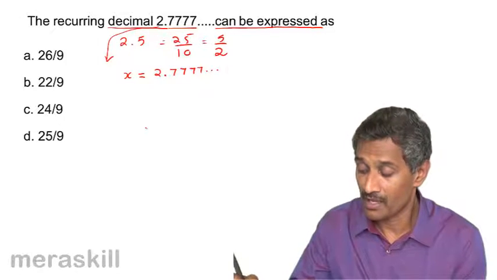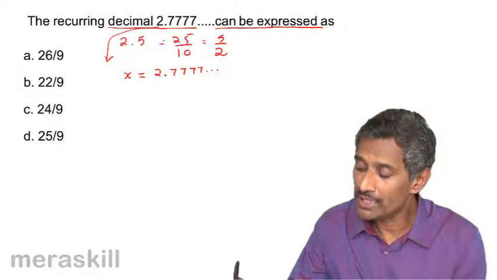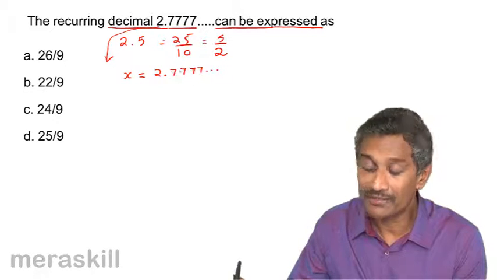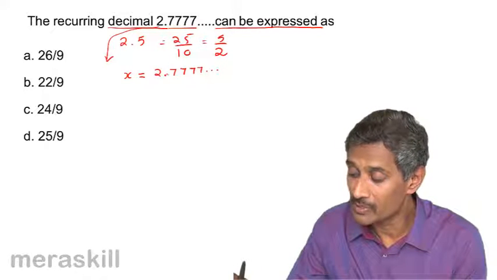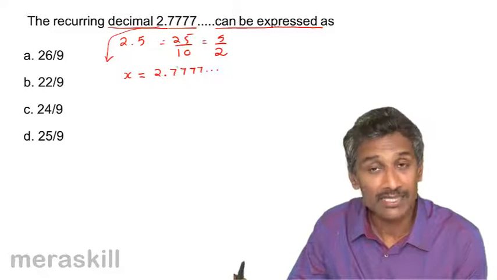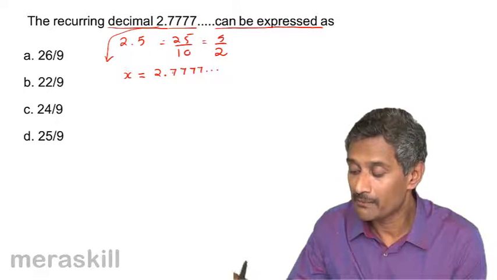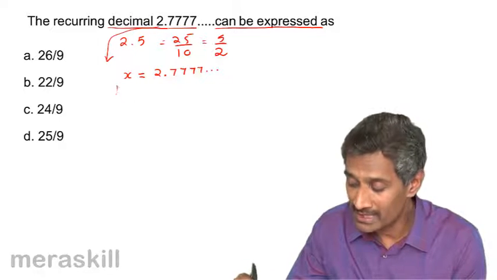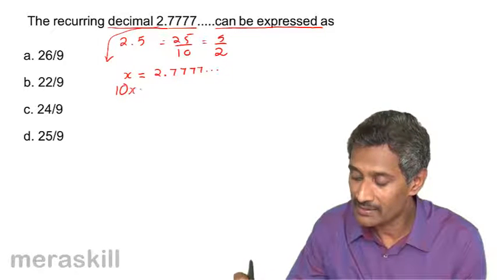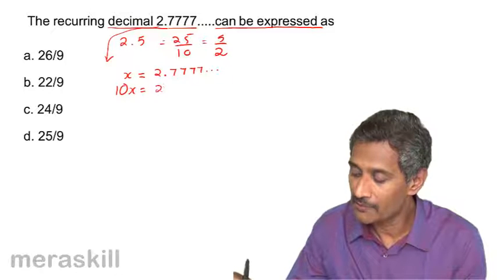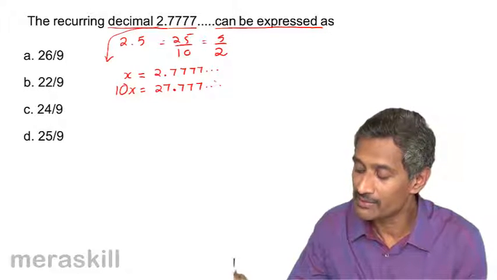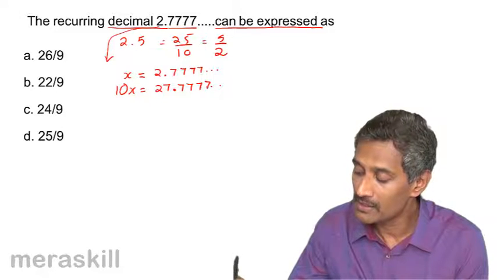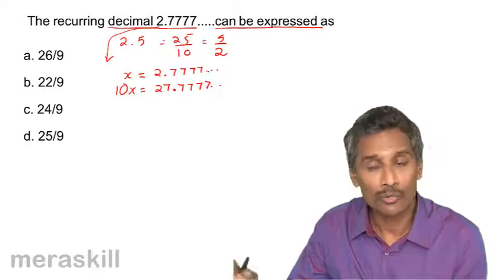Now we will try to eliminate this recurring part. Since there is only one decimal place that is repeating, we multiply both sides of this equation by 10, and you have 10x, and this side becomes 27.7777. So the recurring part is gone on one side.